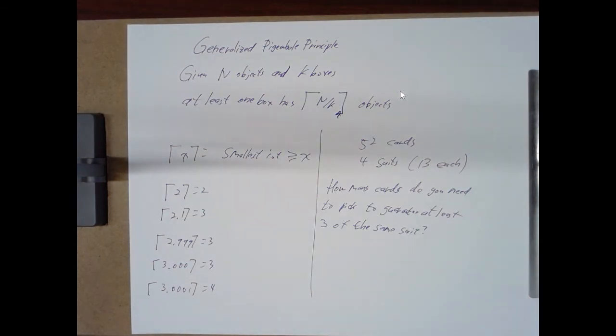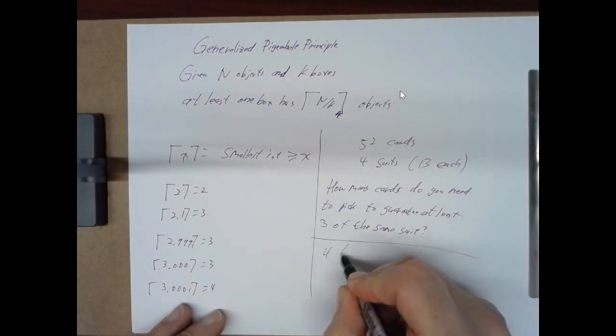So you got 52 cards, there's 4 suits, and you want to pick cards until you've got 3 cards that are the same suit. How many cards do you need to pick to guarantee that you can do this, right? Certainly if you pick all 52, you're guaranteed, but what's the smallest number that you can pick to be guaranteed that you've got at least 3 of the same suit?